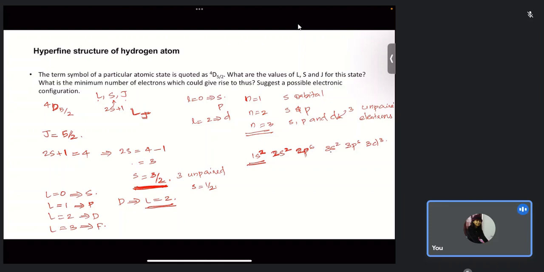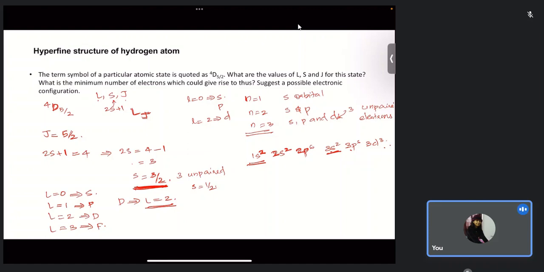Then it goes to the third orbital, which can have s, p, and d suborbitals. And we know that there are 3 unpaired electrons in p3, so it can fill 3s2, 3p6, then 3p3.